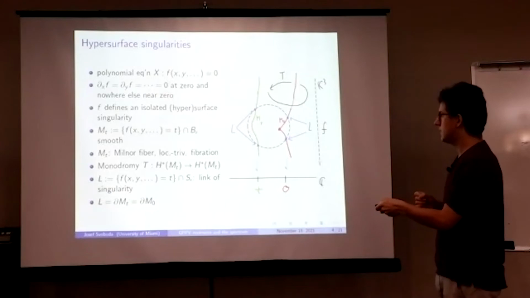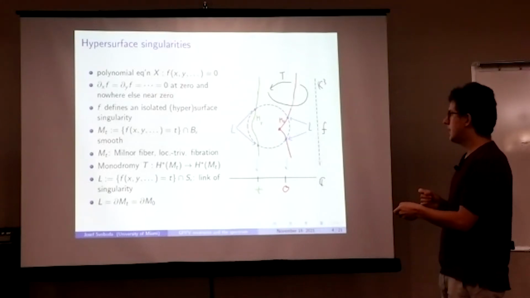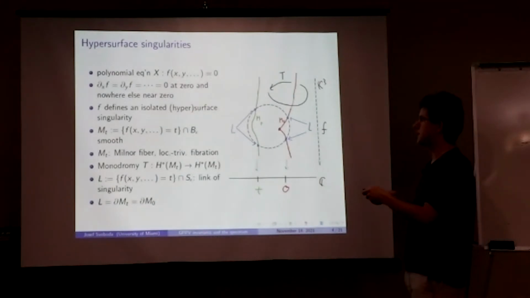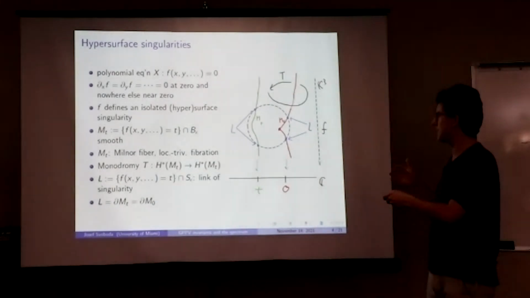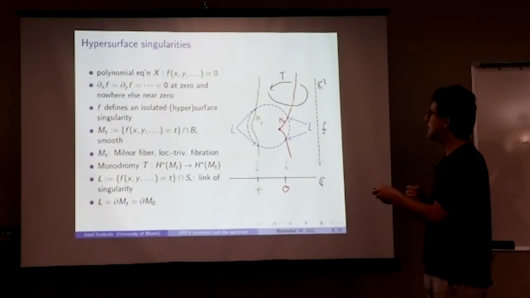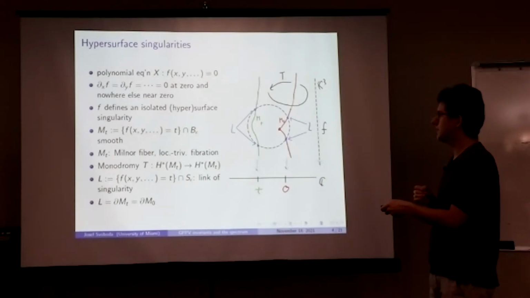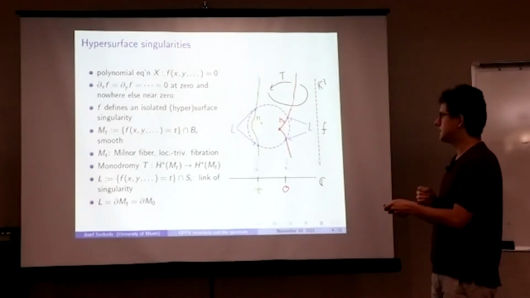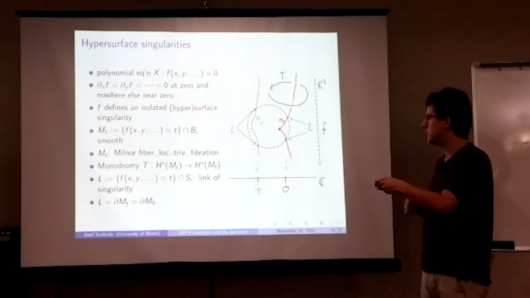So this is called the Milnor fiber, and it's smooth. So I will say just for surfaces, then you think what are the dimensions. If you have a surface with three variables, then it will be a smooth four manifold, and it's an open four manifold. It has a boundary.